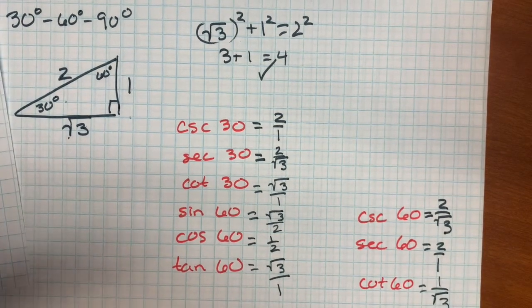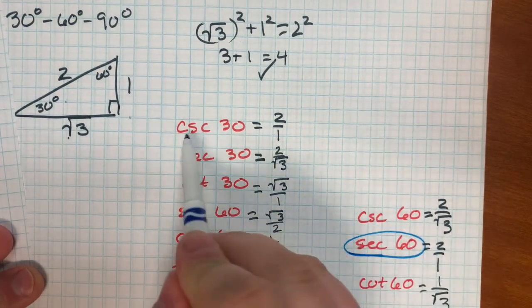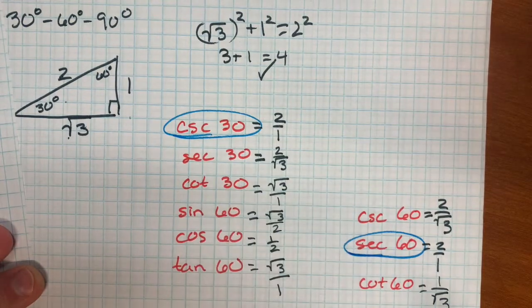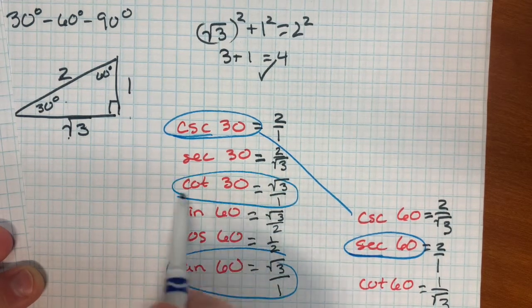And you'll notice we see some interesting relationships appear. So secant of 60 equals cosecant of 30. Or we have tangent of 60 equals cotangent of 30.